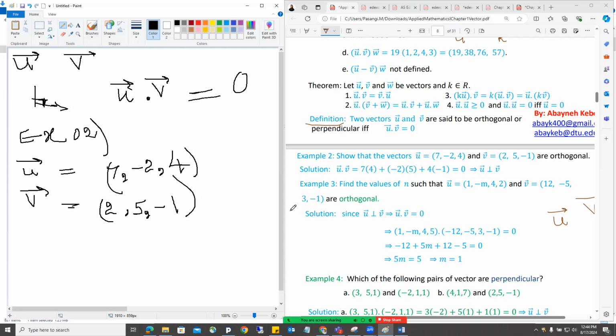If these two vectors are orthogonal, what rule do we have? The dot product of these two should be equal to 0, right?